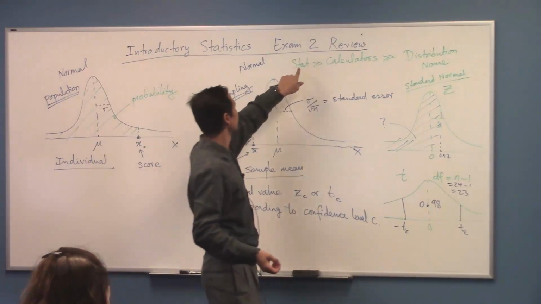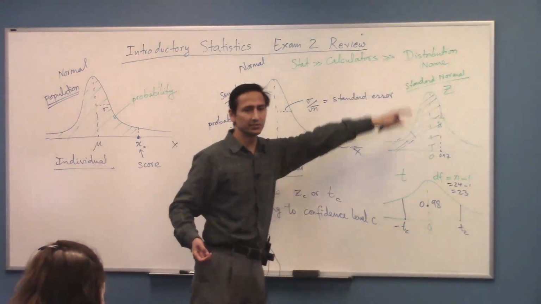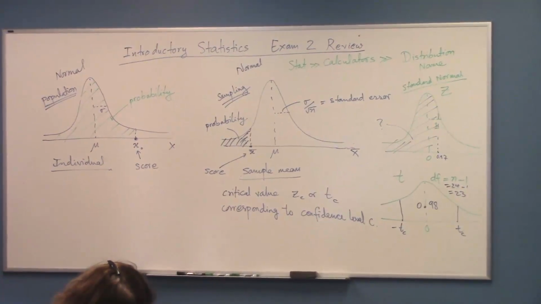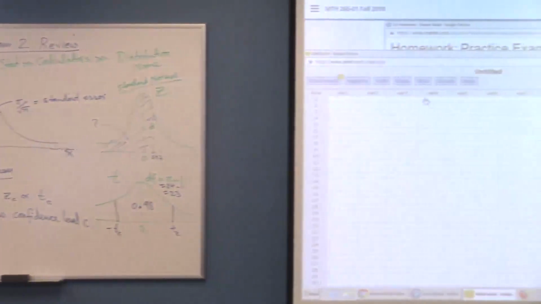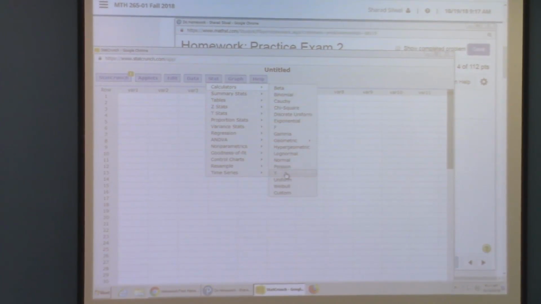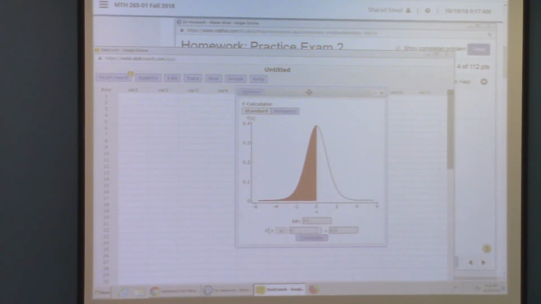Same calculation, right? StatCrunch calculators, the distribution name now is T. So stat calculators T. See that? And now enter the degrees of freedom, which is 23, and the area so that you can find the score.